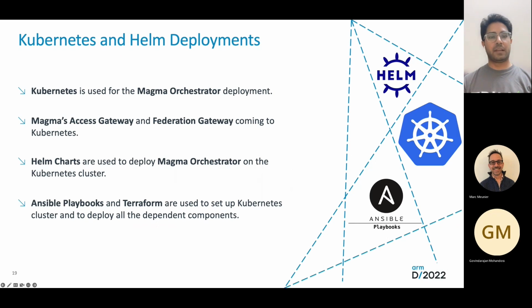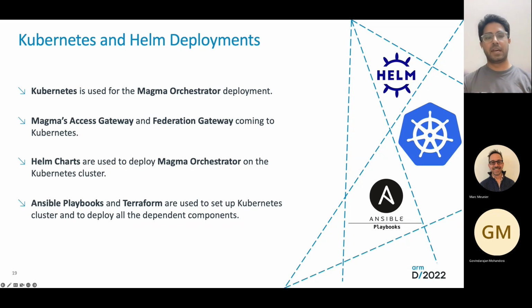So right now, the Magma orchestrator is deployed on Kubernetes using Helm charts. We are also working on new Helm charts for the Access Gateway and Federation Gateway.